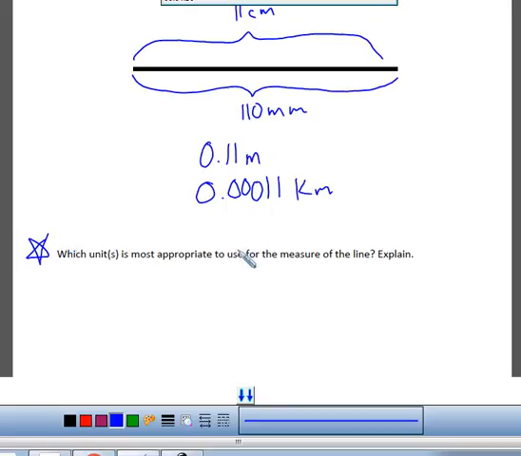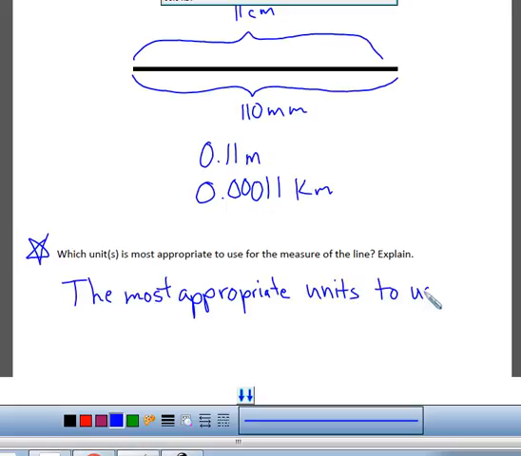The most appropriate units to use for the measure of the line.